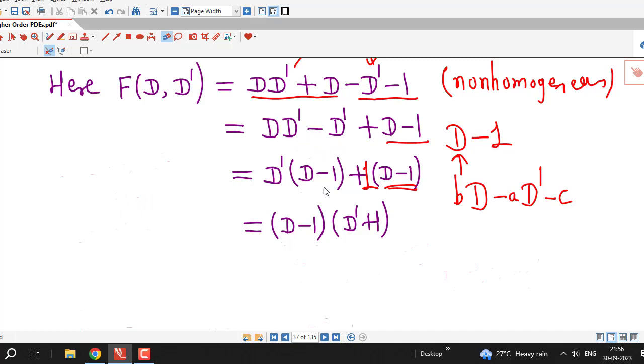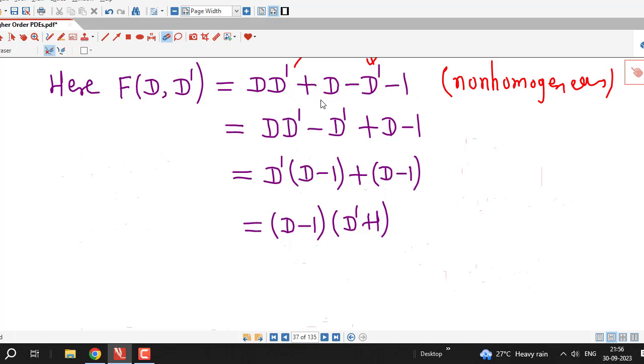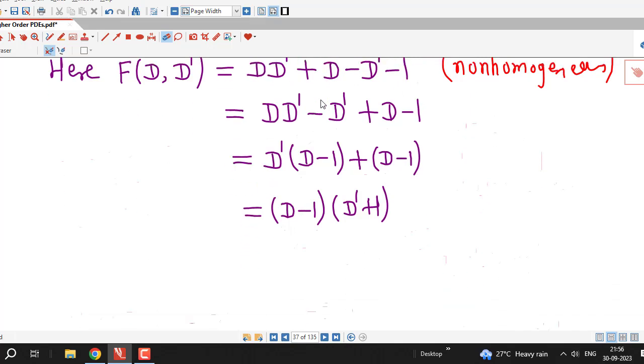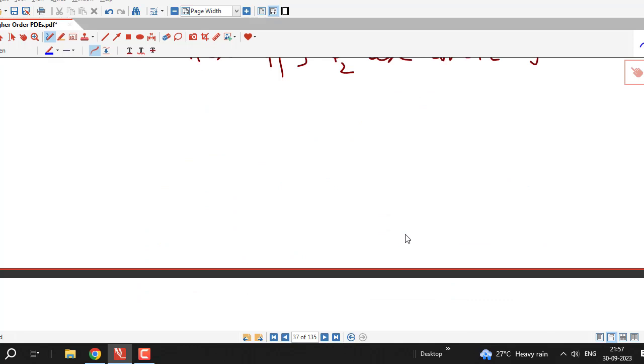So you have to show this part, that F(D, D') is reducible, or we are able to write F(D, D') as a product of linear factors, and therefore corresponding to each linear factor you write down the solution by comparing with the standard form. So in this way we can easily answer this type of questions.